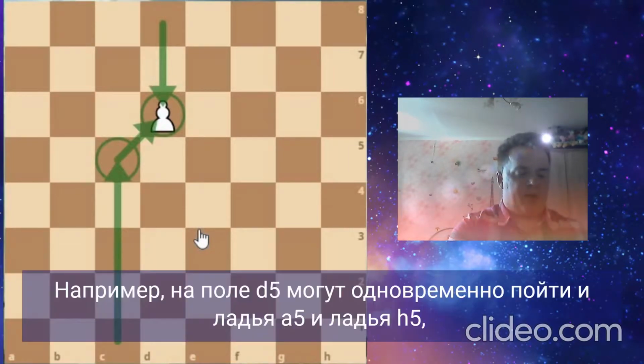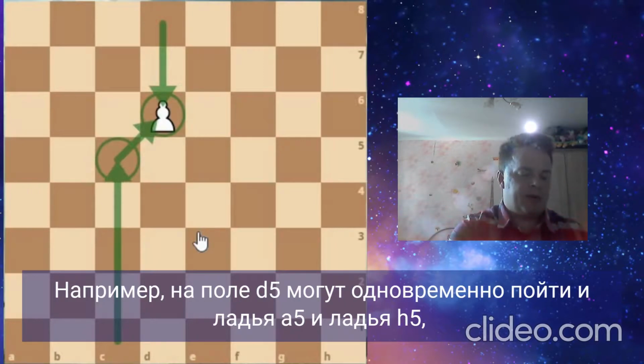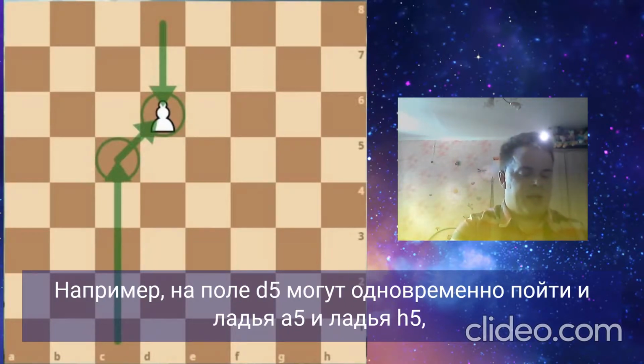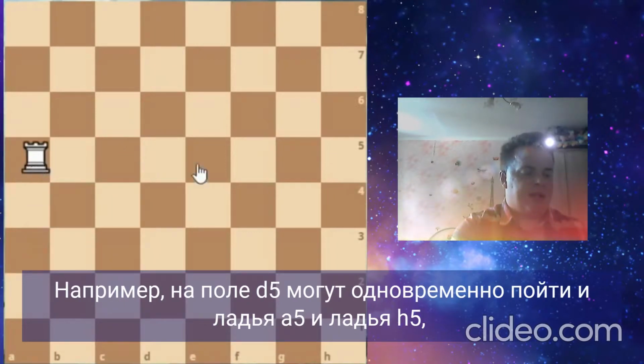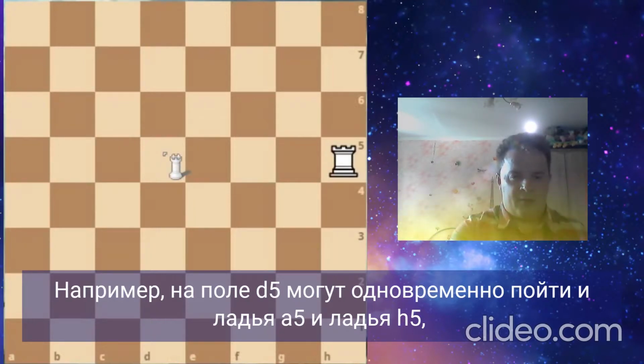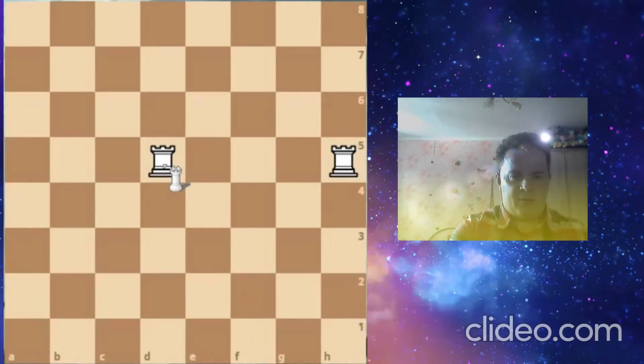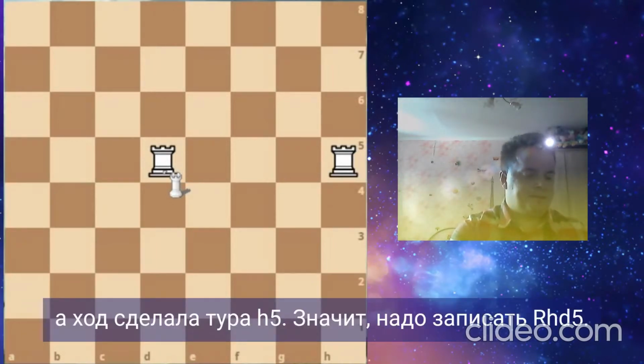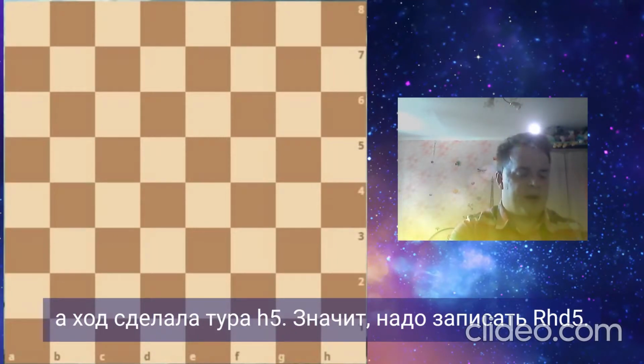For example, rook E5 and rook H5 can both move to the D5 square. So we need to write rook H D5.